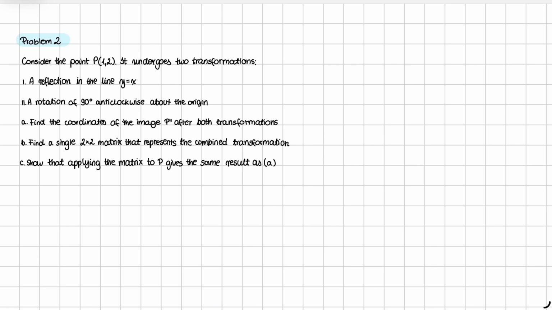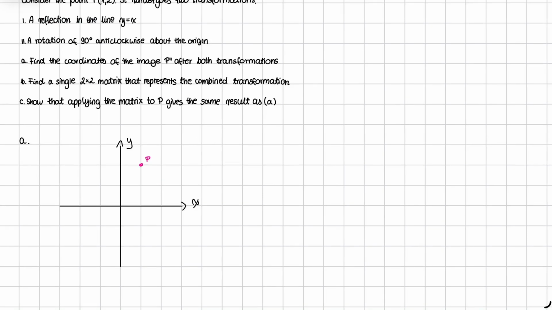So let's just draw our coordinate plane and denote our point P. Here we have x = 1 and y = 2, and we know that the first transformation is a reflection in the line y equals x.